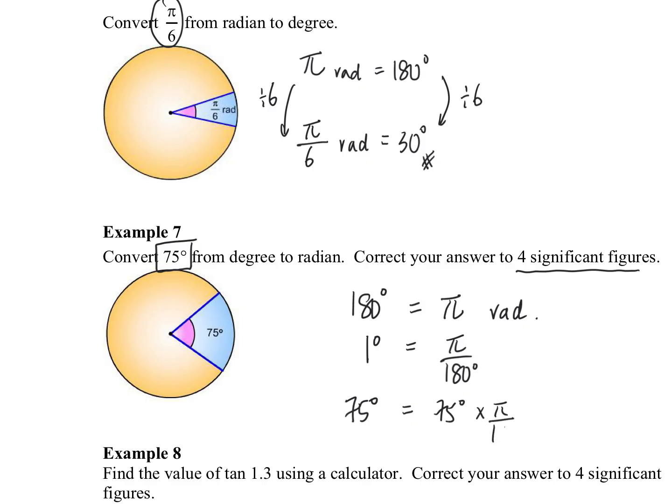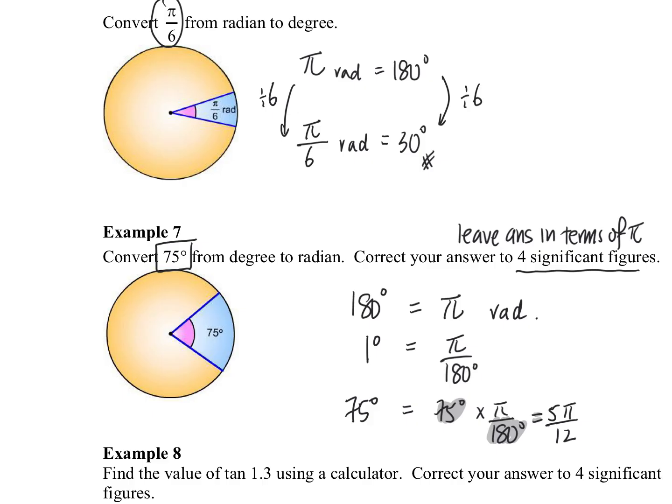Okay, let me repeat one more time. If the question say leave your answer in terms of pi, then don't press the pi in your calculator. Just press this on the calculator. Then you can leave your answer in terms of pi. But if it's the fraction, like that. So if you leave it in terms of pi, you should get this.